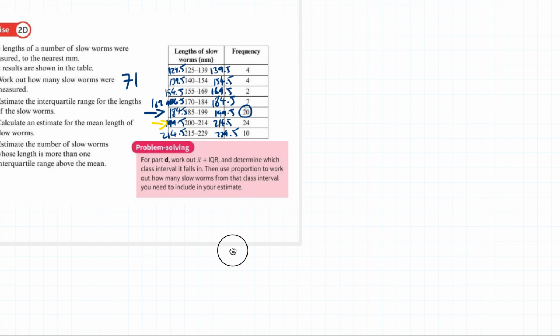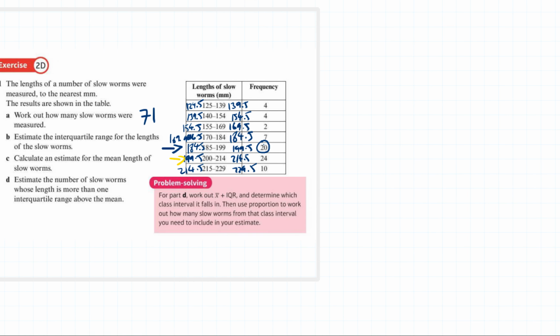Okay, so for part C, we're looking at the mean, so estimating the mean length. So I'm going to keep our class width, but this time I'm interested in another thing, which is the midpoint. For the mean, if we have a table, usually you would do your x times the frequency, but here we don't have an x, we've got to find our midpoint.